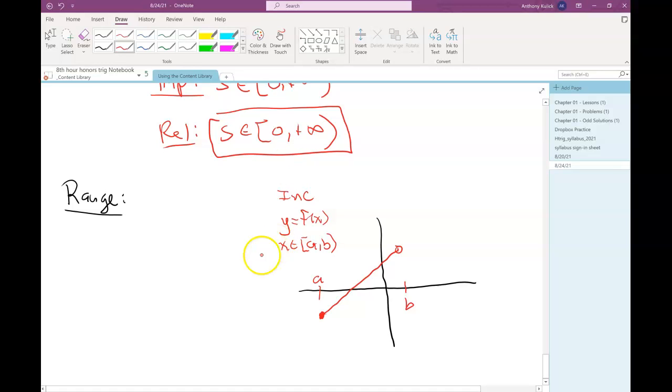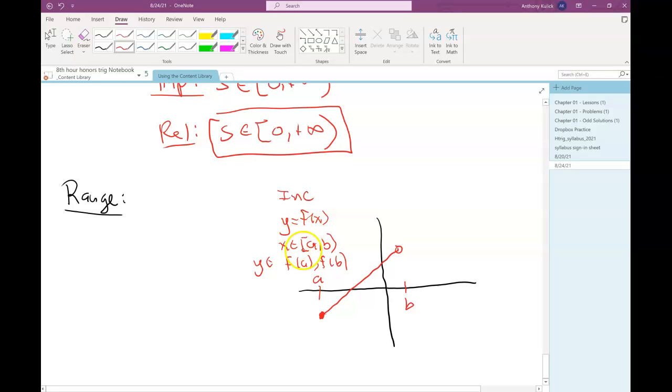So if I wanted to write the range for this, the range is going to be the y-coordinate at A up to the y-coordinate at B. Everybody agree with that? So the way we write that is f of A is going to be the y-coordinate at A, and f of B is going to be the y-coordinate at B. Everybody good there?